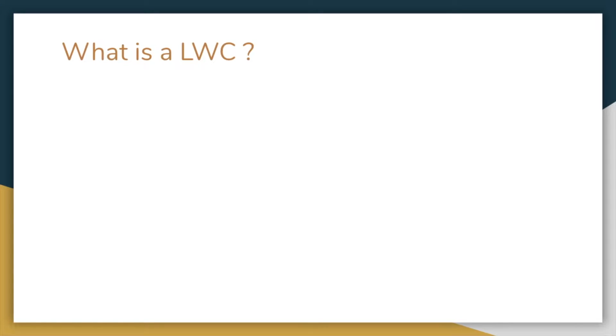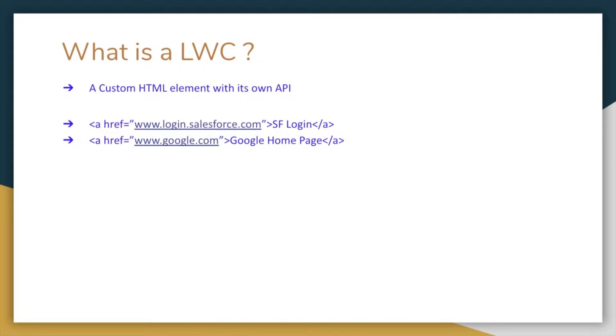Okay, so what is a Lightning Web Component? A Lightning Web Component is a custom HTML element with its own API. Okay, so what does that mean? Let's see. For example, if you look at an HTML anchor tag, it has an href attribute which defines a hyperlink to a certain web page.